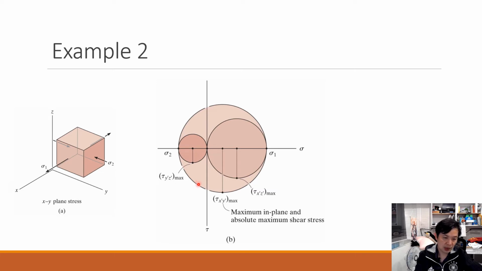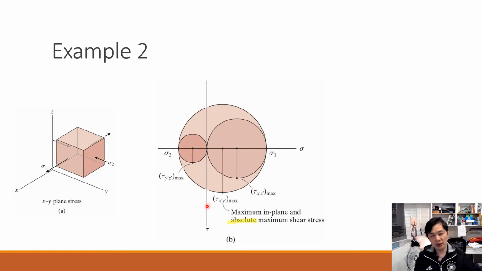And of course, among these three circles, the maximum shear stress is this one. We call it tau xy maximum, the maximum in-plane shear stress, and also the absolute maximum shear stress. Okay, so that is the way we determine our absolute maximum shear stress in this system.